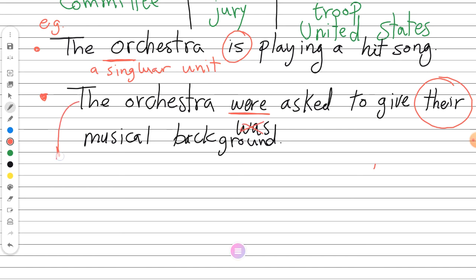Here, orchestra is considered as separate individuals.